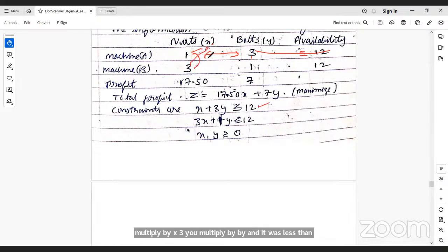Similarly 3 into x and 1 into y will be less than or equal to 12, and we already know x, y are greater than or equal to 0. For most of the at-most cases, it will be a bounded region. For at-least cases, most of the time it will be an unbounded region. So you need to plot the graph.